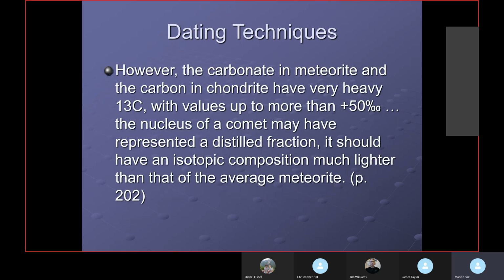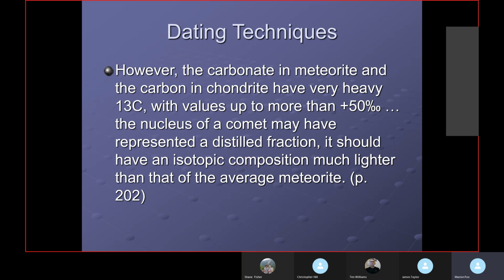However, the carbonate in meteorites and the carbon in chondrites, which are types of meteorites, have very heavy 13C with values more than 50 per thousand. So we have about 6 or 7 per thousand normally, but we have 50 per thousand in chondrite meteorites and other types of meteorites.